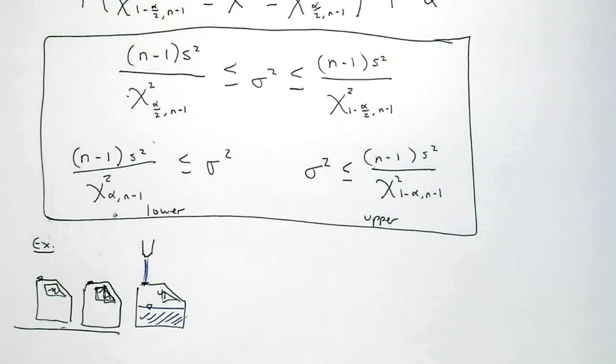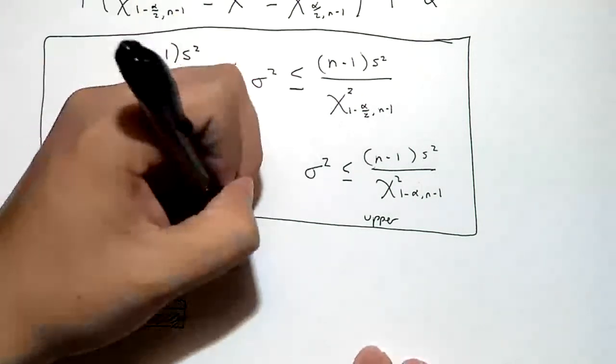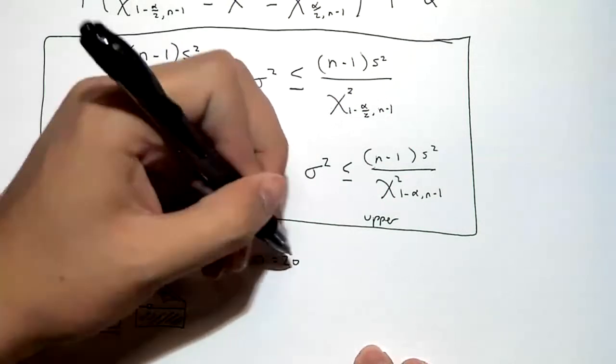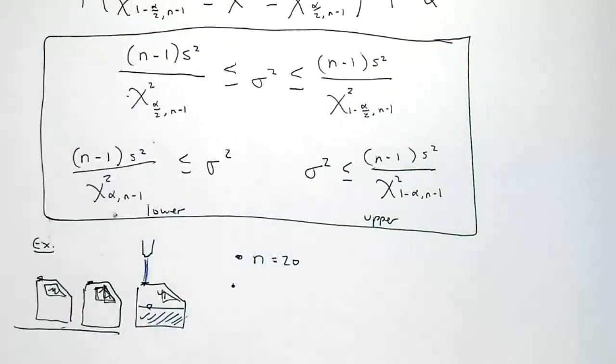So you, as the process engineer or industrial engineer, decide to select a random sample of 20 bottles and measure the volume of detergent in each of those bottles.